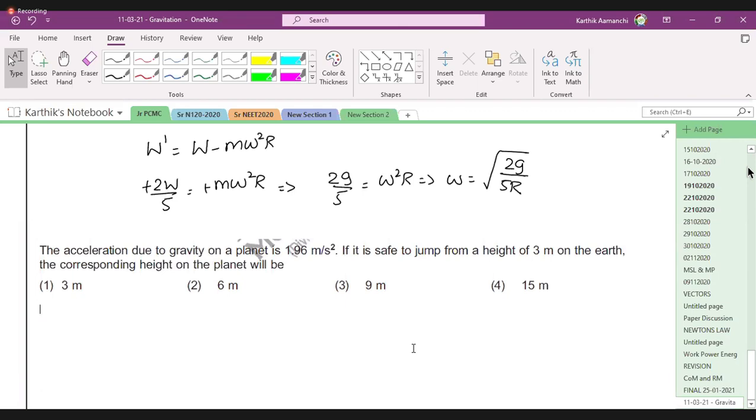Yes, sir. Okay, everybody else got the same one? Yes, sir. Even I got 15 meters. 9.8, 5, 15.